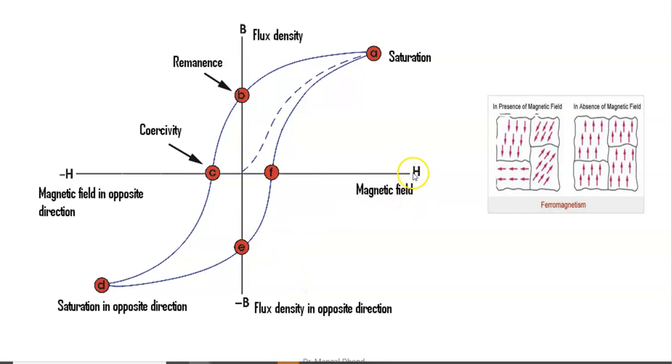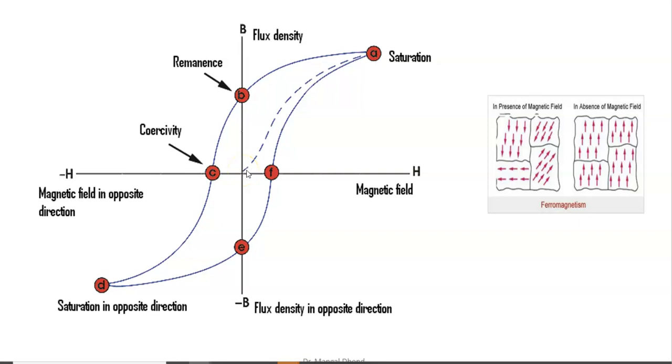When magnetizing force H is applied, flux density B is produced. Now if we start taking readings, initially I take a current of 0 to the core, suppose an iron core, a transformer core. So H is 0, flux density will be 0. So the starting point is here.